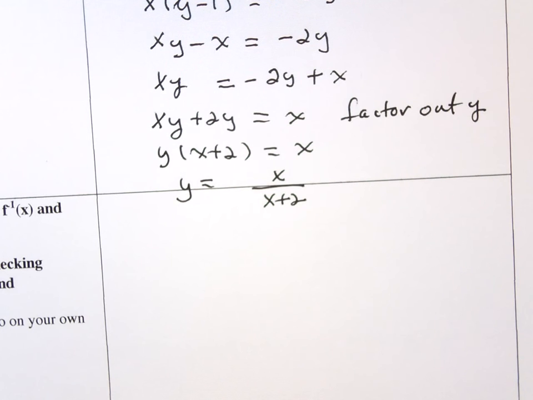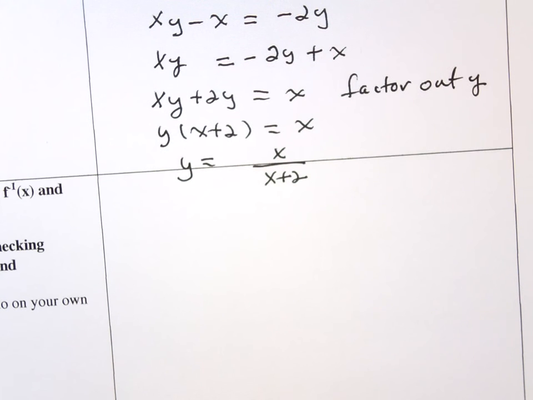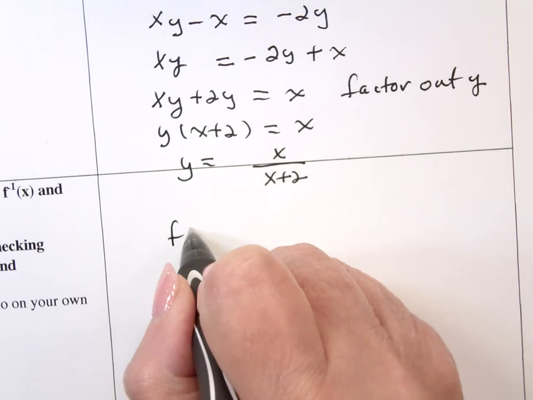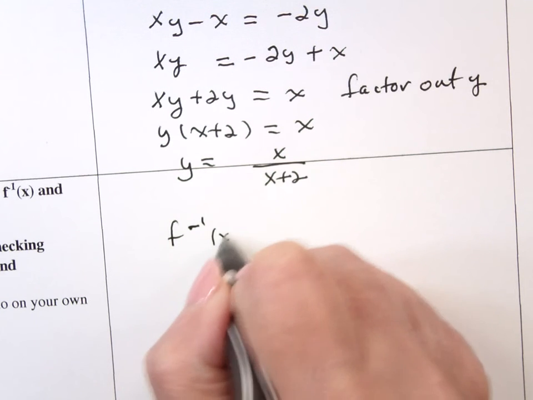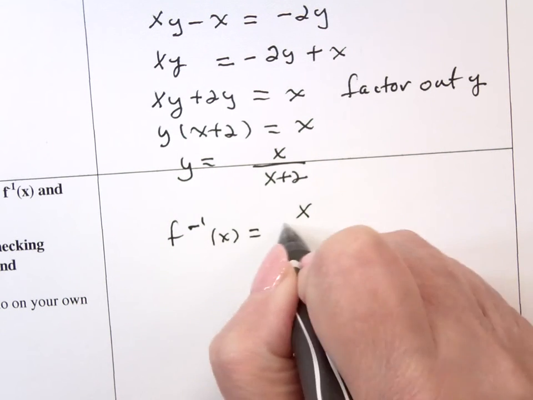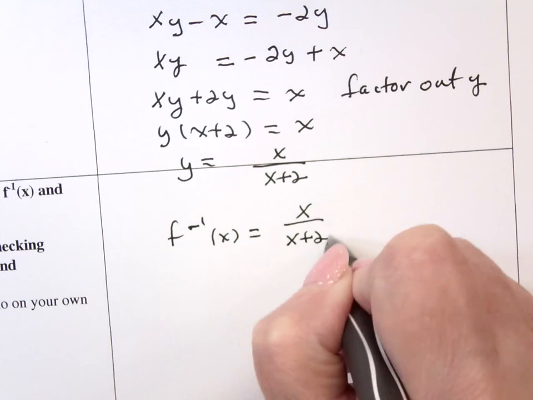That's the inverse. I would have never guessed it, would you? So that f inverse of x is x over x plus 2.